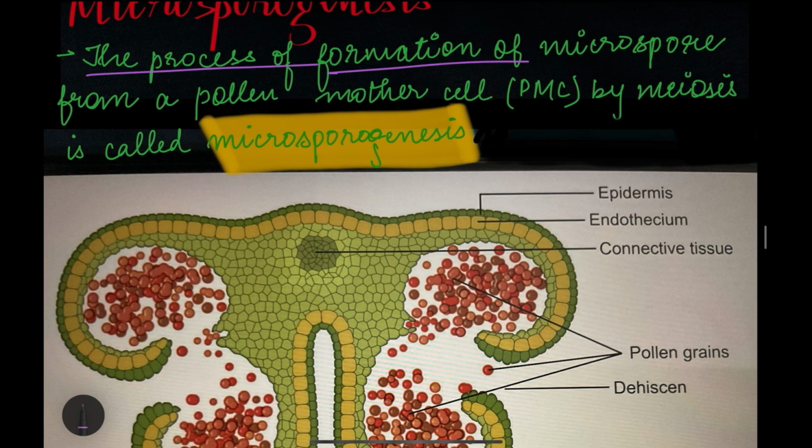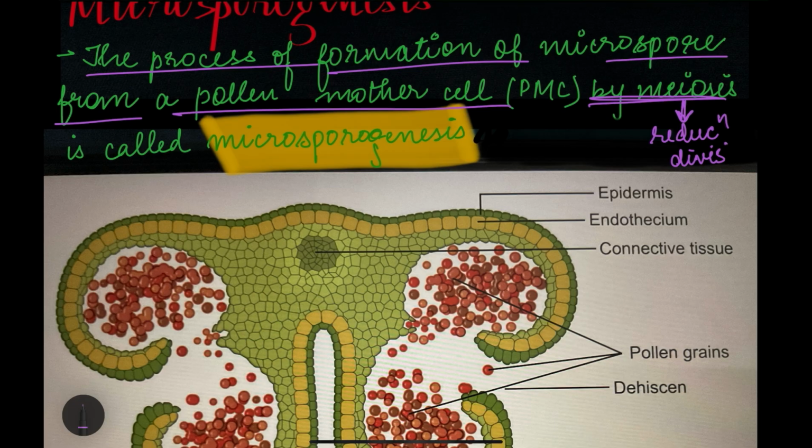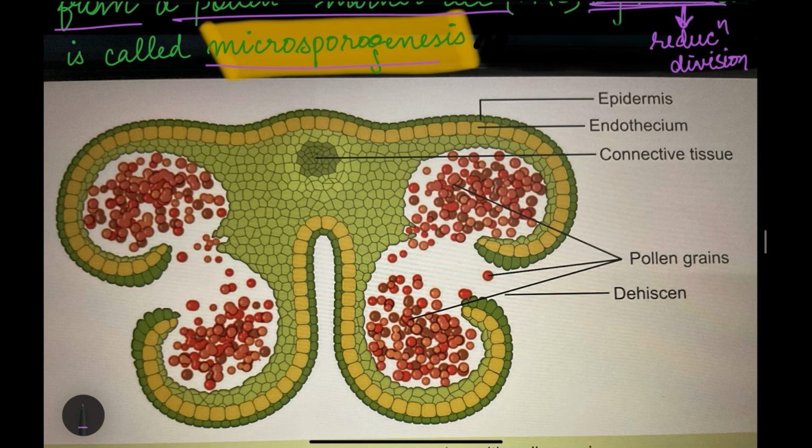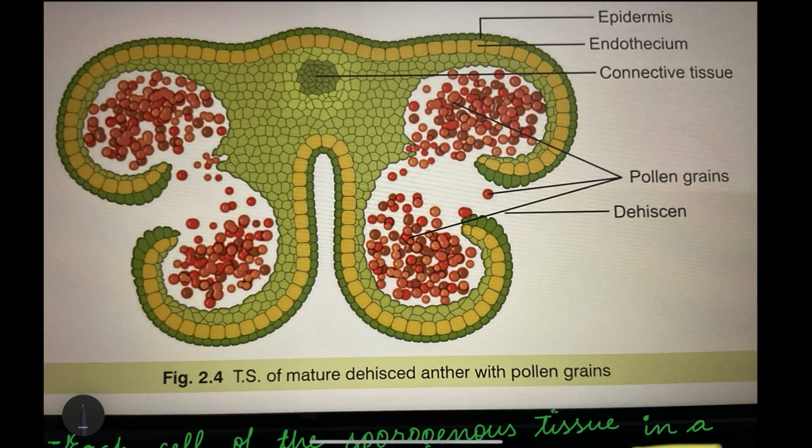It is the formation of microspores from a pollen mother cell by meiosis. What is meiosis? Reductional division. It's called microsporogenesis. This is again a transverse section of a mature anther with pollen grains. See, all the layers are there, and the sporogenous tissue is now lost. Dehiscence occurs here, they get separated, and the pollen grains mature and come out.